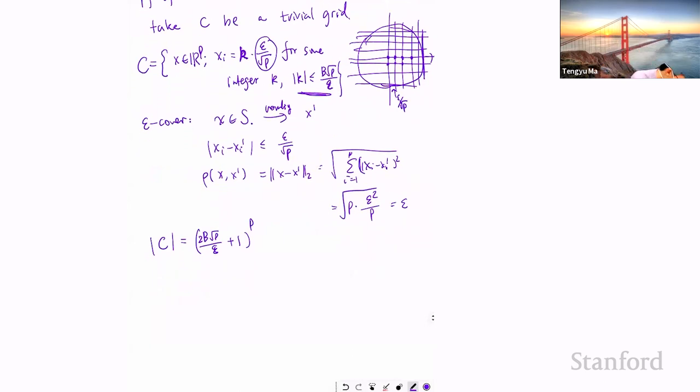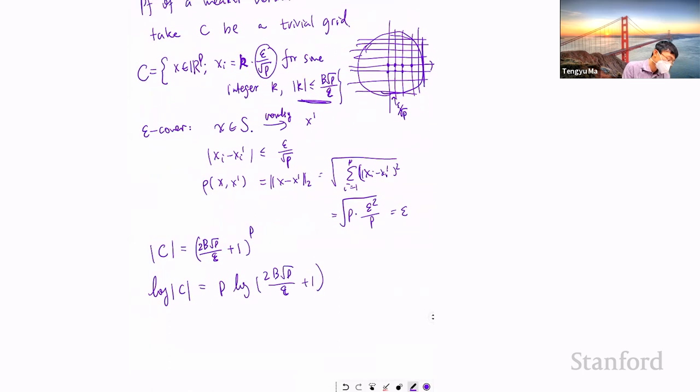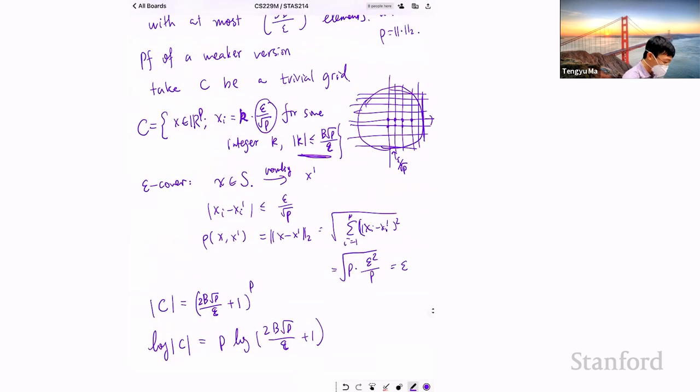One comment is that eventually only log C matters, as you see. So log C will be P log (2B squared P over epsilon plus 1). And that's why this weaker version is not super different from the stronger version.